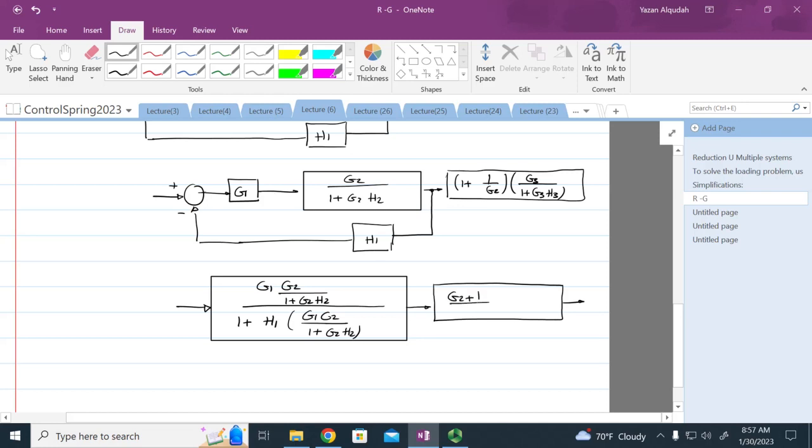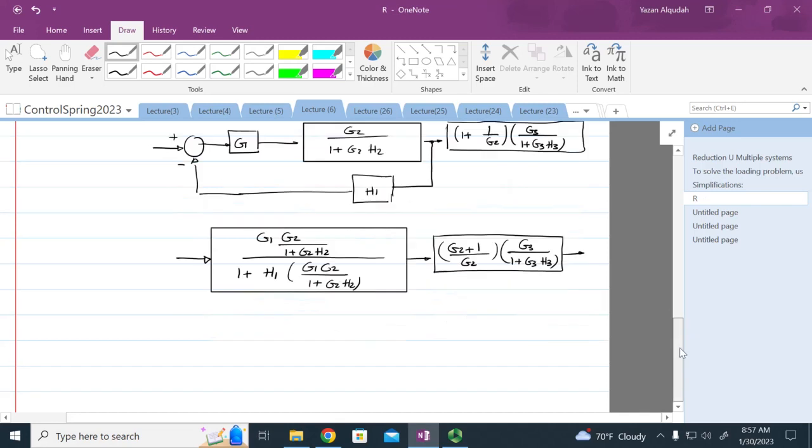We can write this as G2 plus 1 divided by G2, multiplied by G3 divided by 1 plus G3 H3. And then we can reduce them all.